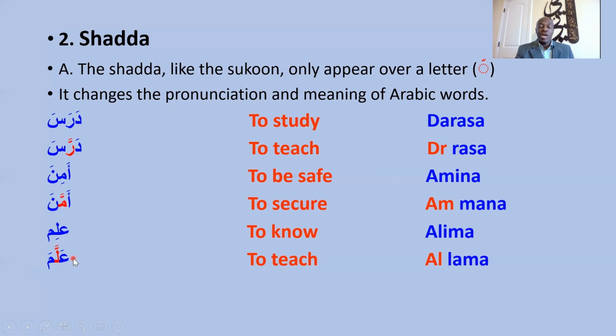Allama is like I teach you something. أنا أعلمكم, so علم is to teach somebody else. These are the effects of the shadda, as it changes the meaning and the pronunciation of words.